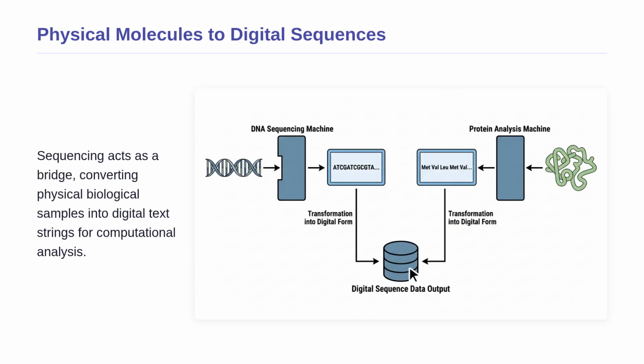To truly grasp this transformation, let us look at this visual representation of the sequencing process. On the left, you see a physical DNA double helix being processed by a sequencing machine, which unzips and reads the bases, outputting a digital text string of A, T, C, and G. On the right, a complex folded protein molecule undergoes a similar analysis, resulting in a digital sequence of amino acids like methionine and valine.